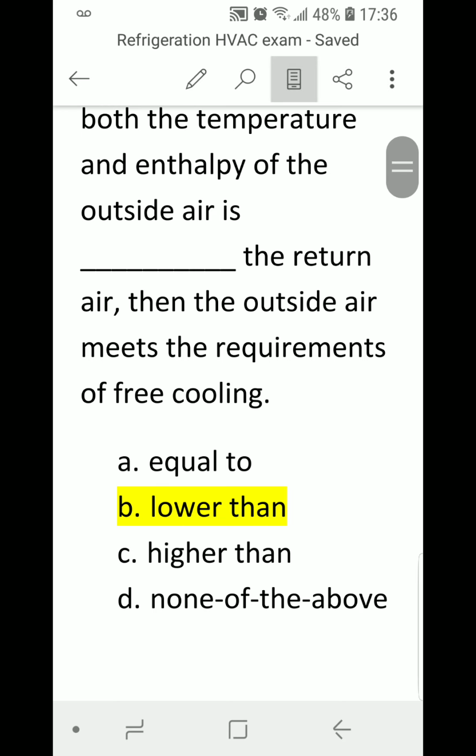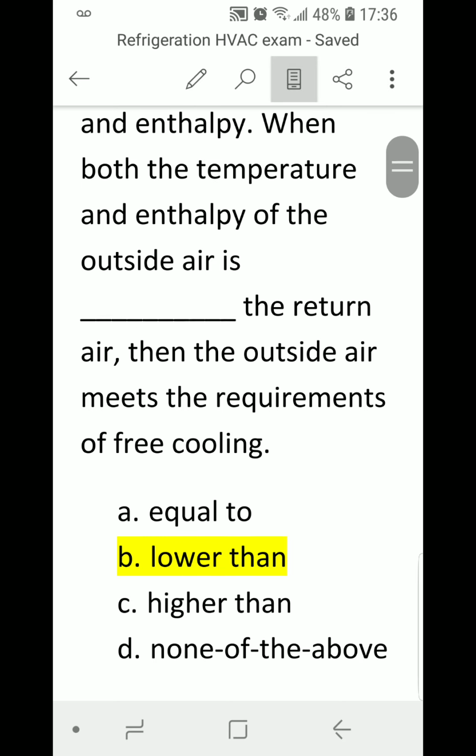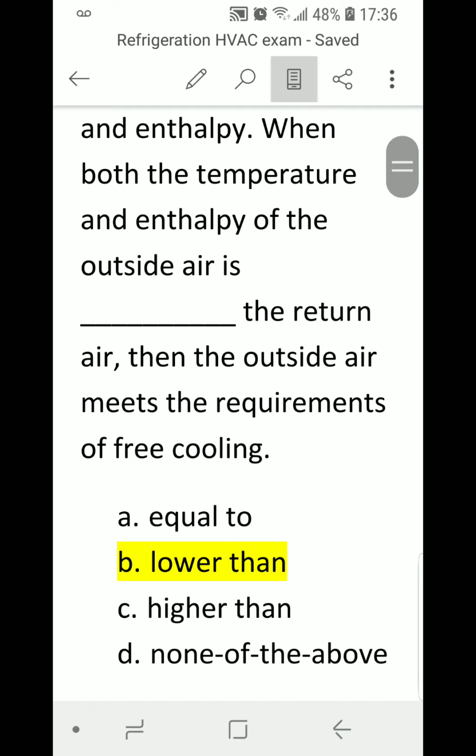A. Equal to, B. Lower than, C. Higher than, or D. None of the above. Correct answer is B, lower than.